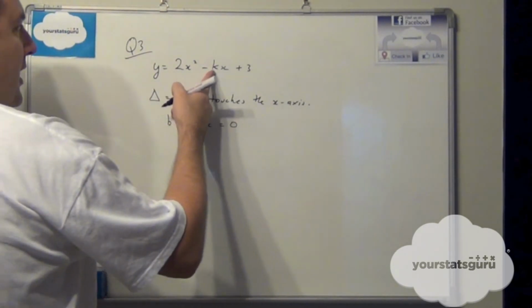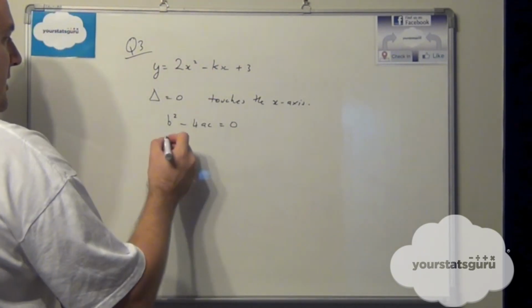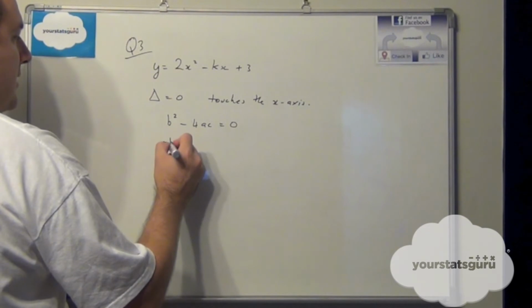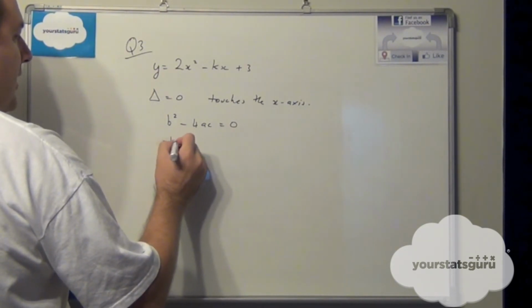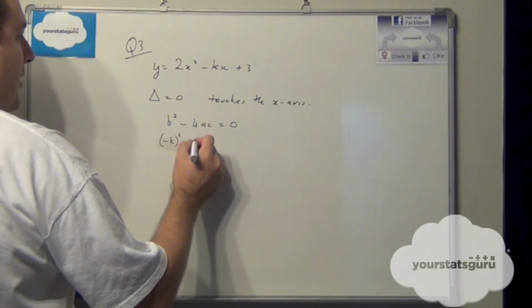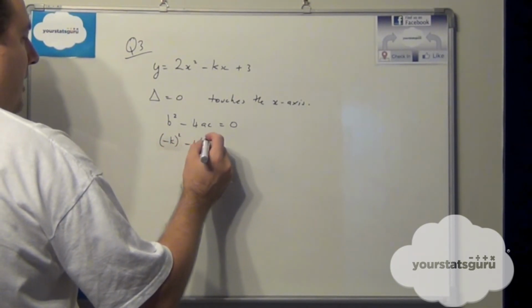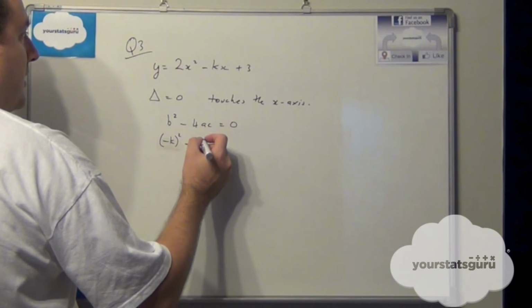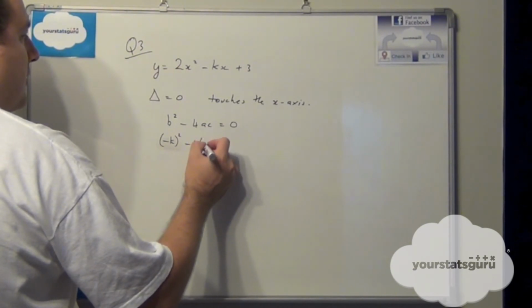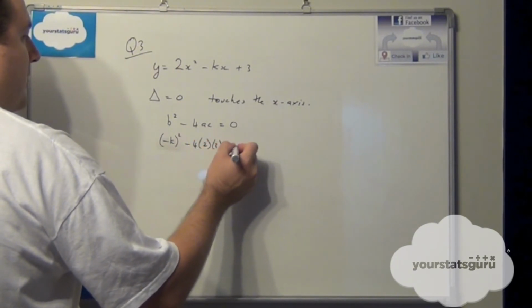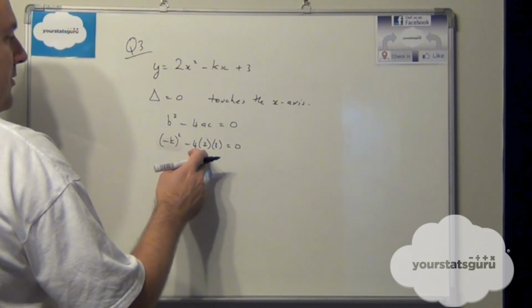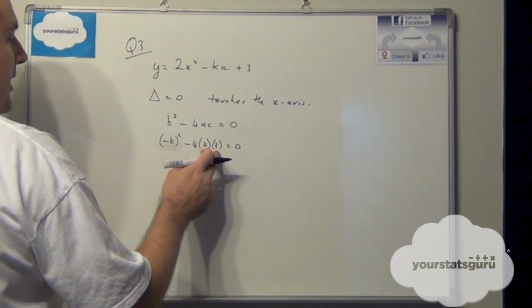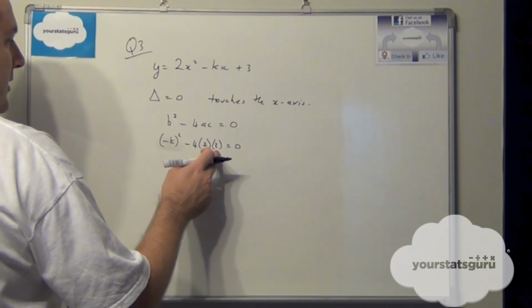But we've got to remember that b here is negative k. So this is negative k squared minus 4 times 2 times 3 equals 0. 4 times 2 is 8, times 3 is 24.